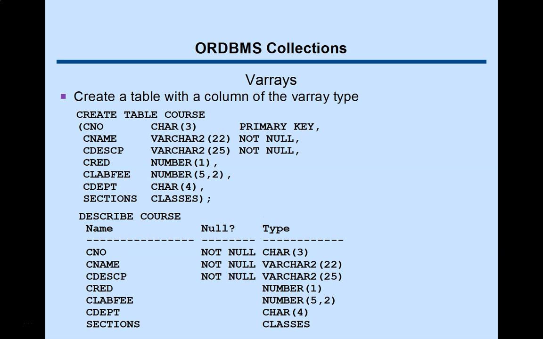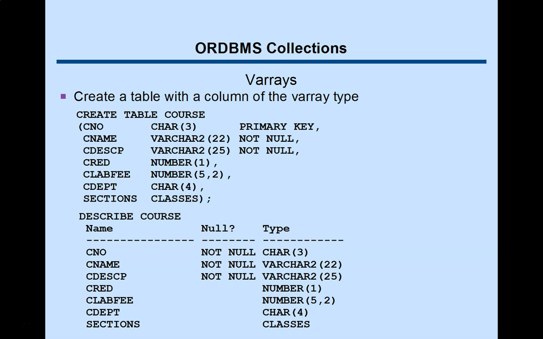We can create a table that uses the V-array as a collection type. Here we're creating the course table, and observe the column called sections. Sections is a V-array. It's defined as this classes type. So within each course row that we insert within this table, we can schedule up to 5 sections or classes for the course.